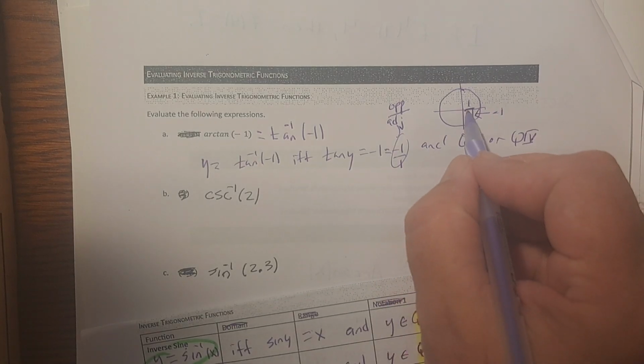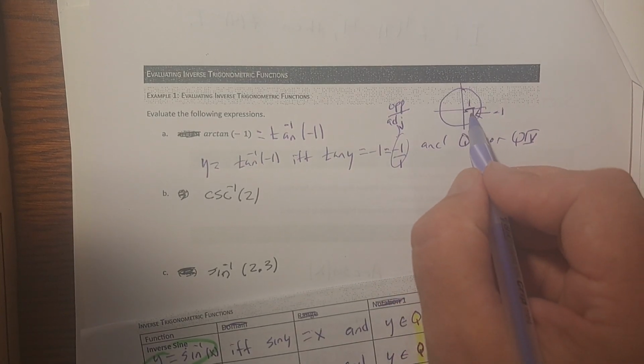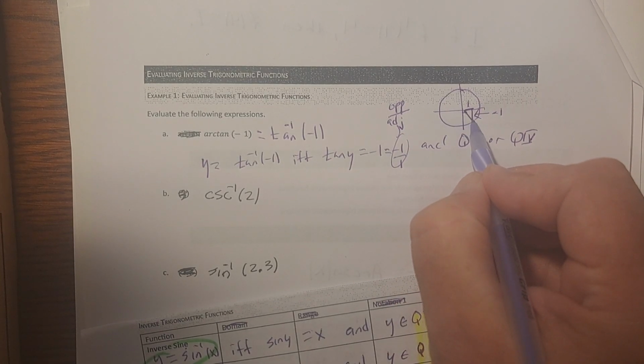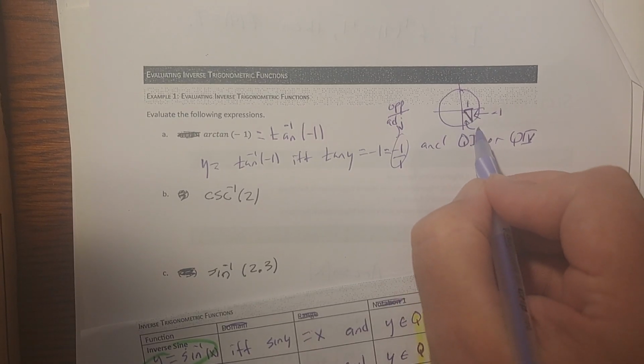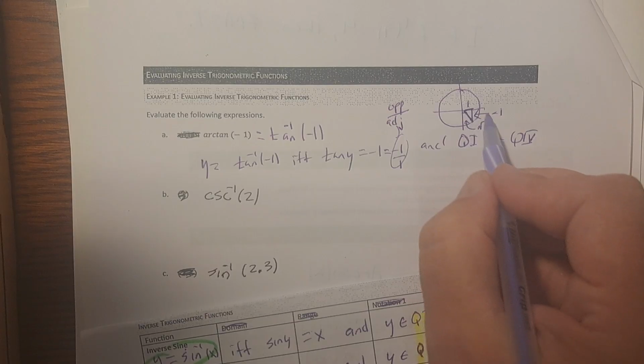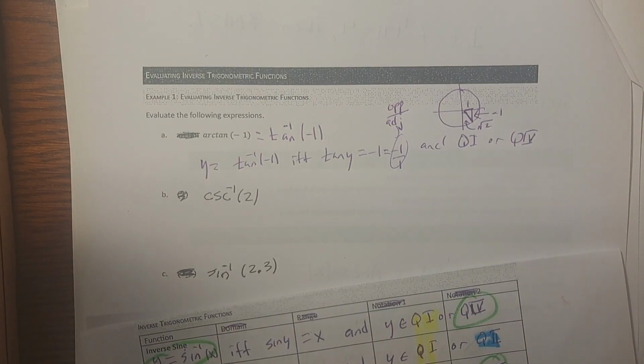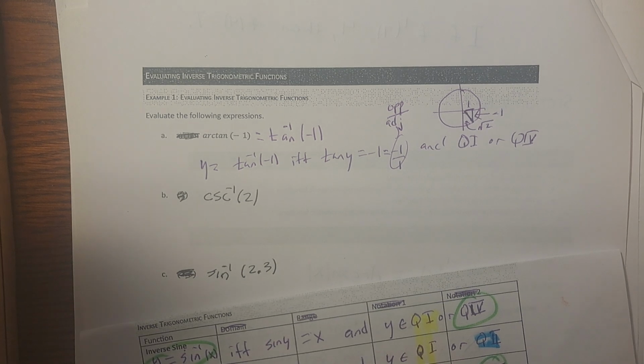Okay, that means these side lengths are the same, and that makes this guy square root of 2, because if these are both 1, then that's a special 45, 45, 90 degree triangle.